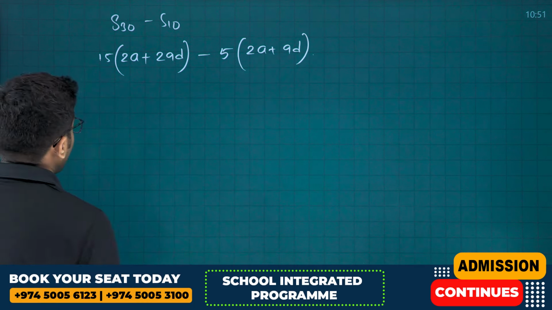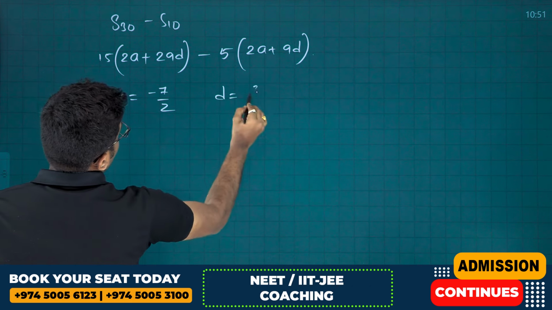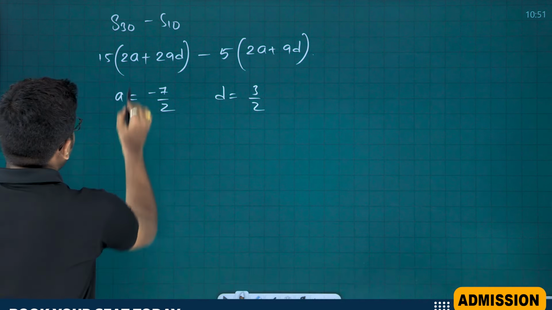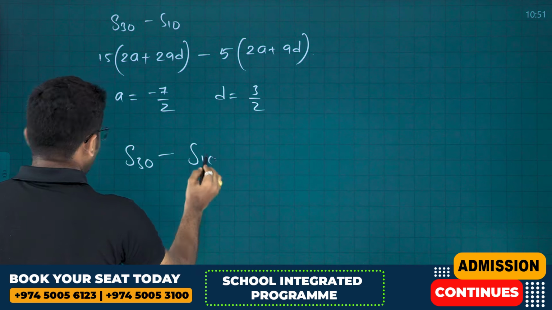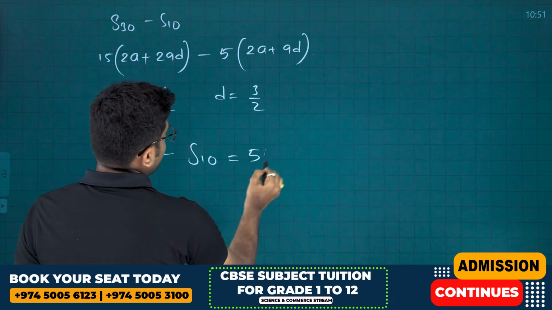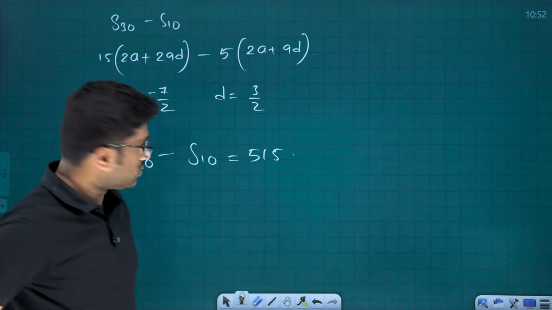So clearly, if we put a equal to minus 7 by 2 and d equal to 3 by 2 in this expression and simplify, you will get S30 minus S10 equal to 515. I am leaving the simplification to you.